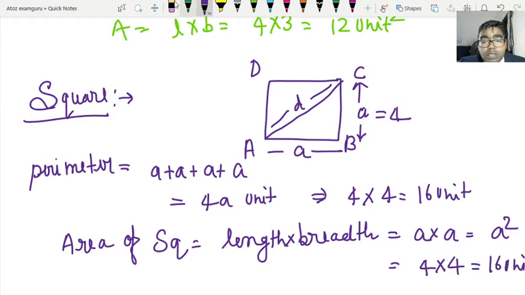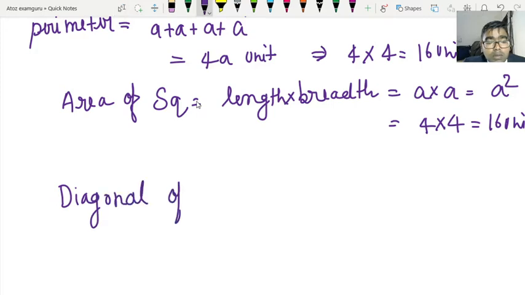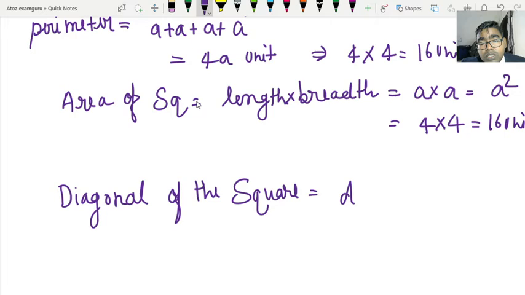And now you can calculate the diagonal of this square. D square equals a square plus a square, simply D square equals 2a square.